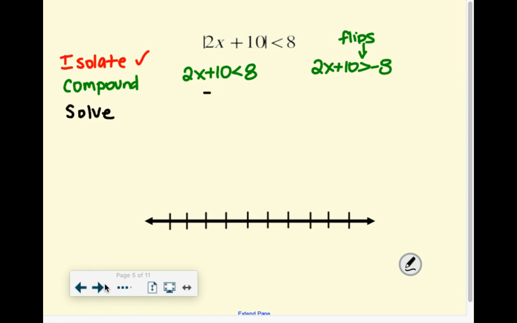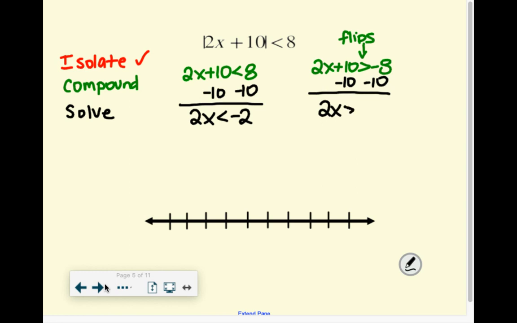So I'm going to subtract 10. 2x is less than 8 minus 10, negative 2. Moving over here, I'm going to subtract the 10 also. So I like to solve both of mine at the same time because you're doing the same steps always. Negative 8 minus 10 is negative 18.